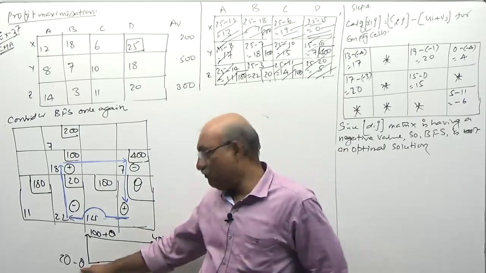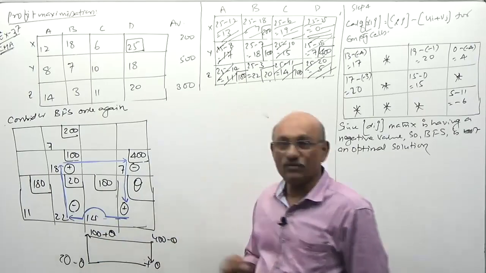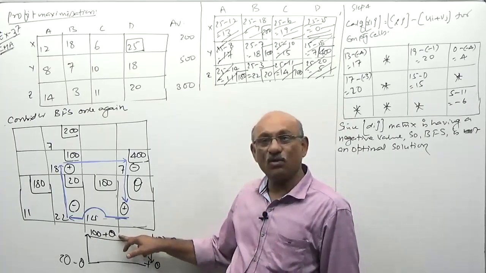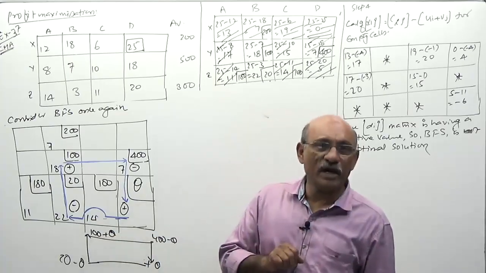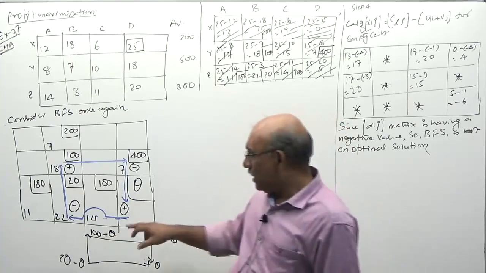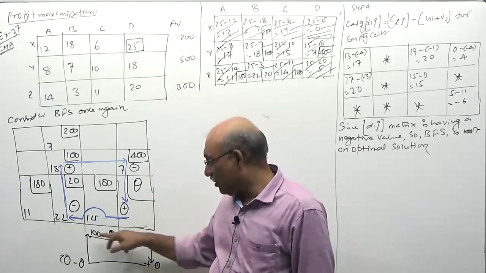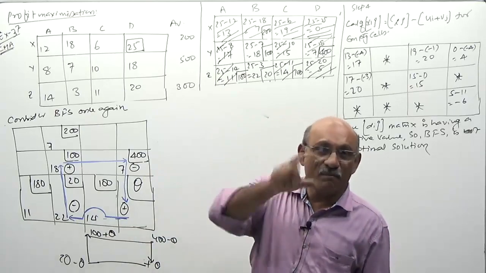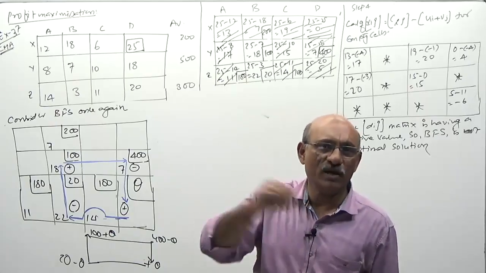The values where theta is negative are equated to 0. Why not positive values? Okay, sir. Look at this. 100 plus theta is equated to 0. When 100 plus theta is equated to 0, theta is equal to minus 100 you will get. But theta is what, sir? Number of units you want to shift from one occupied cell to another occupied cell.